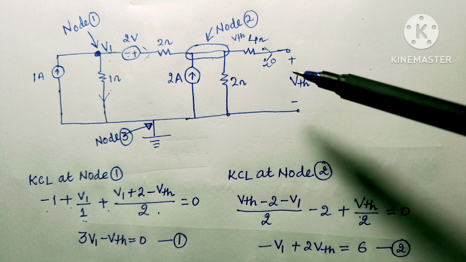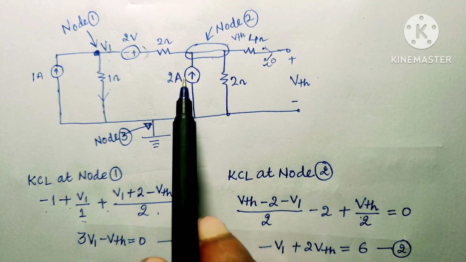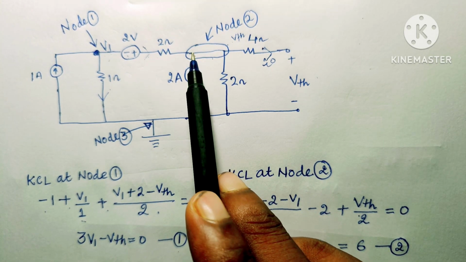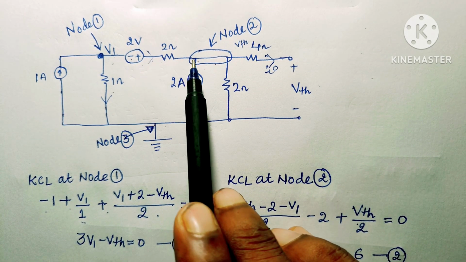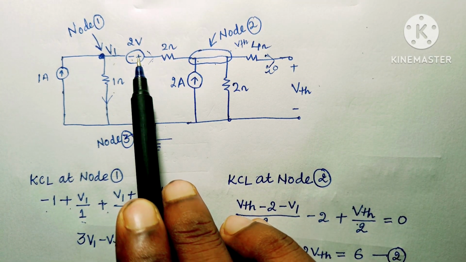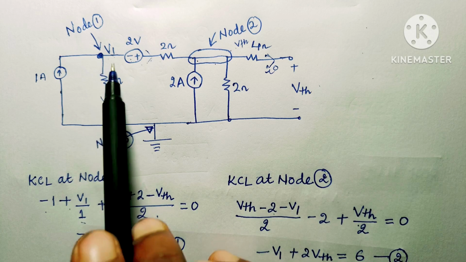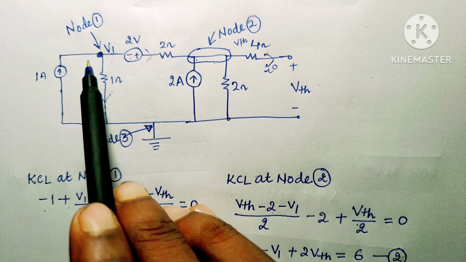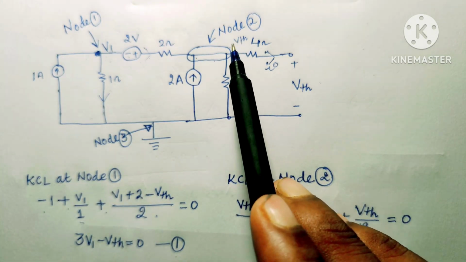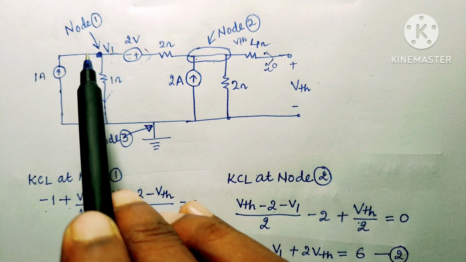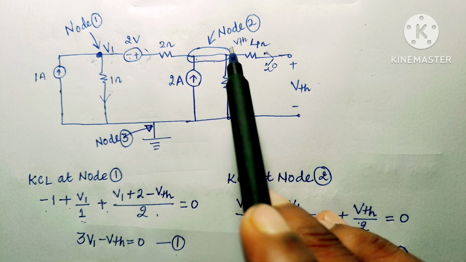Now if we apply KCL at node 2, we can see that this voltage is VTH and the positive sign is towards the node, so here we can write VTH minus 2. And the V1 voltage source is positive here and negative towards the ground, so it can be written as VTH minus 2 minus V1, since the positive sign is towards the node.